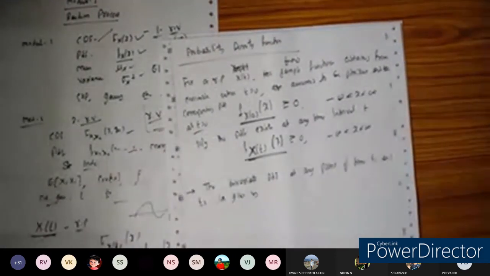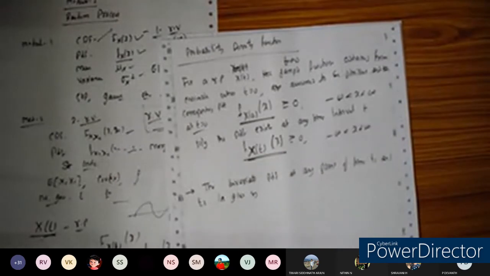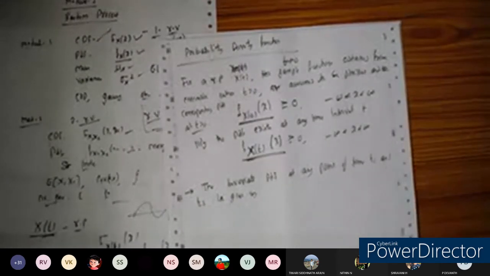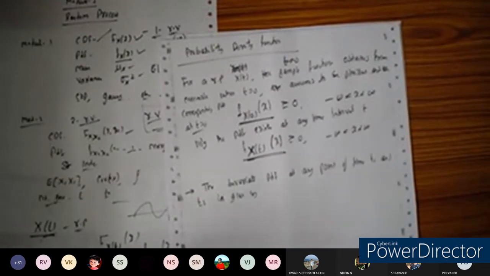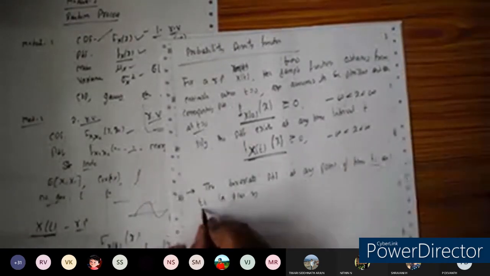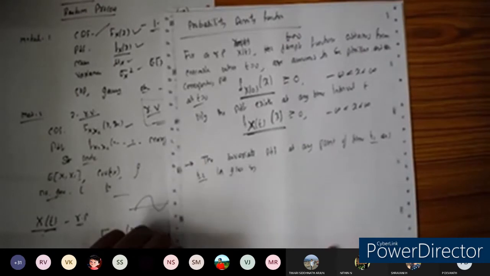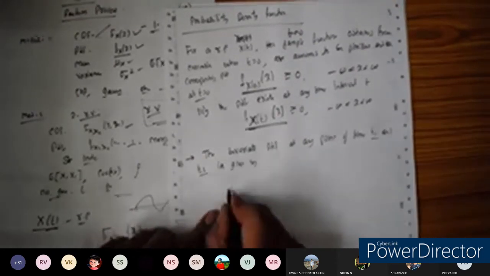I'm going to define the PDF at two time intervals, t1 and t2. Let us see how we can define the bivariate PDF.